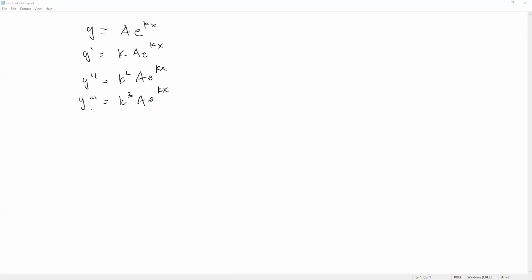This is the general form. If y is in this form, you can say that the nth derivative is going to be k to the power n times A times e to the power of kx, which is the original variable.